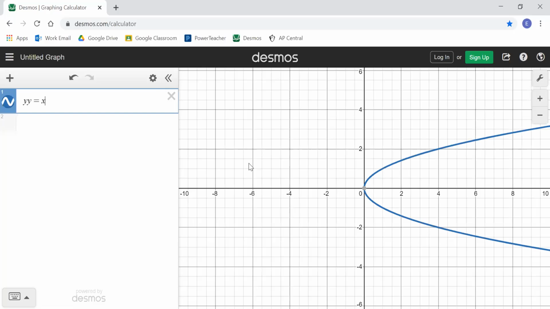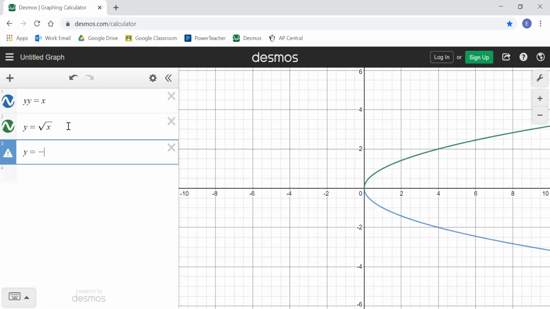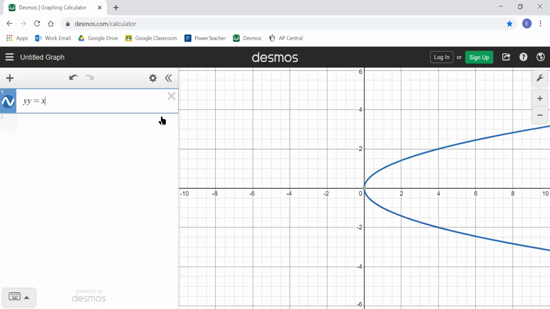It's a parabola on its side. If we were to solve that for y, we'd get y equals square root x, that'd be the top half, and y equals negative square root x, that'd be the bottom half, right? So we would need two different functions to get our single equation y squared equals x.